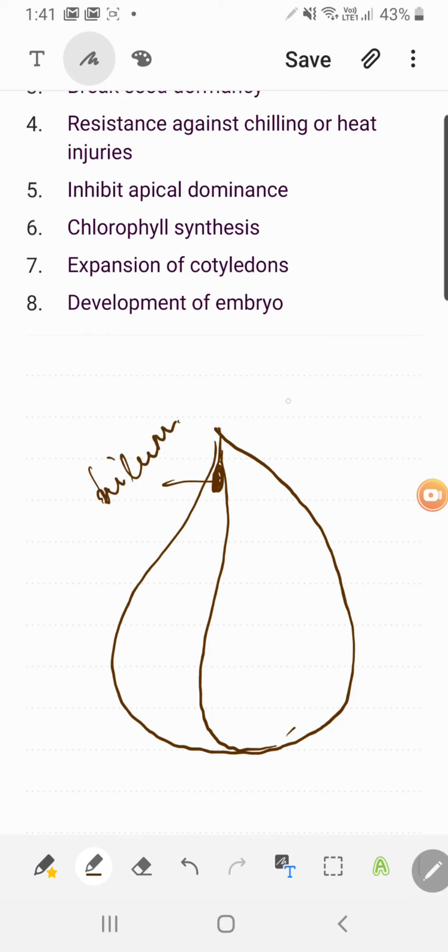In class 9th you must have studied this. Water enters through this pore and somewhere near will be the micropyle, right? If you don't understand these terms, let me know, I'll make them clear in the live class.